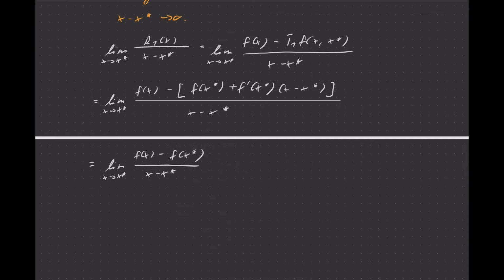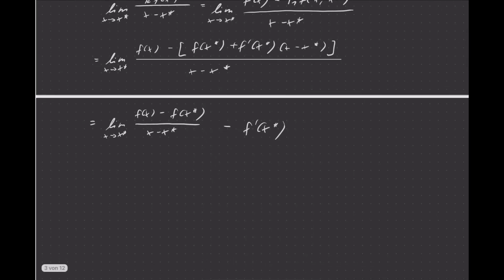And then for this term here, the x minus x star will cancel out. So we're only left with f prime of x star that does not depend on x anymore. So we can just take that outside of the limit. So that means we can subtract f prime of x star here.